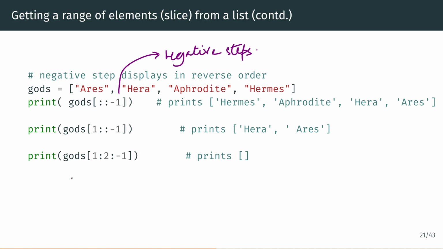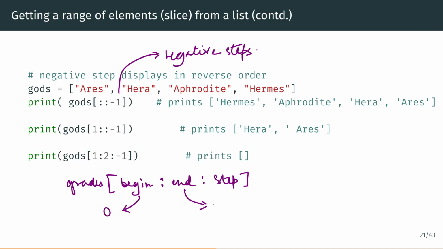Okay, so when the step size was positive, the syntax was you had a list of grades, and then you had 3 arguments, right? The begin, the end, and the step. And when the step size is greater than 0, begin would default to 0, end would default to the length of the list, right?